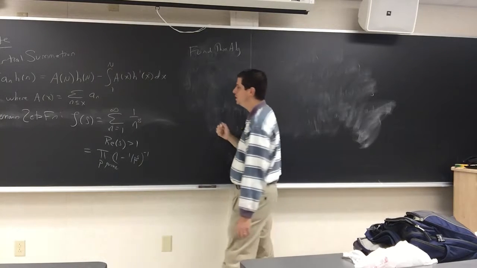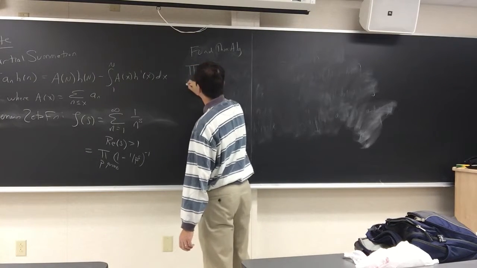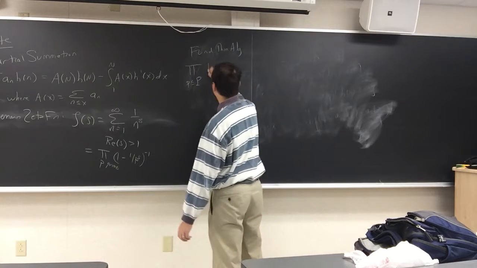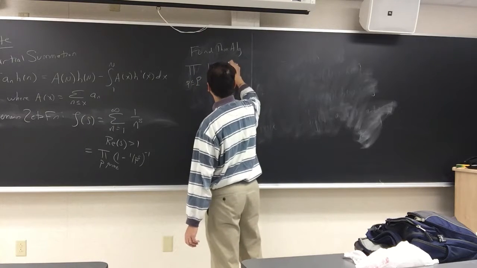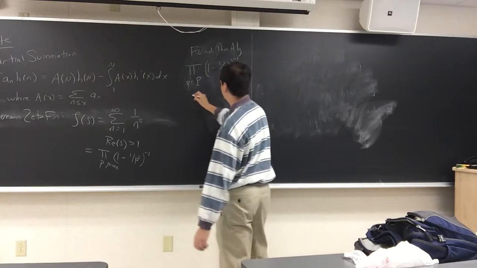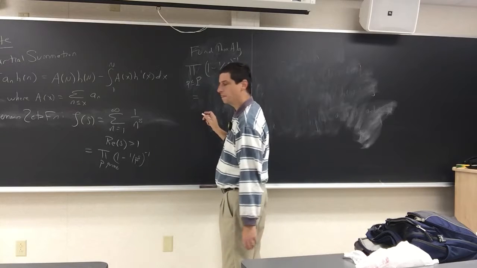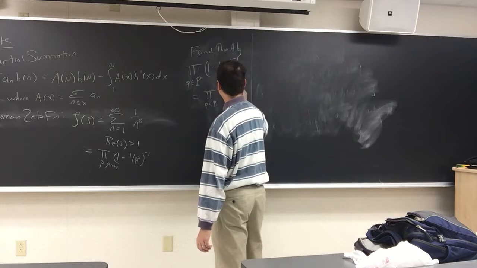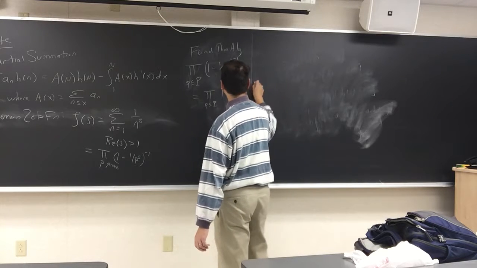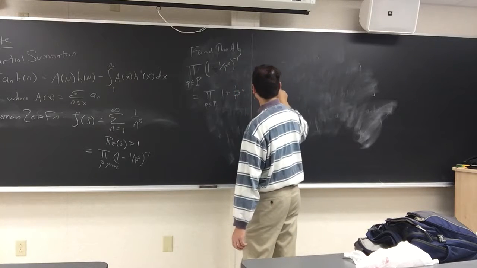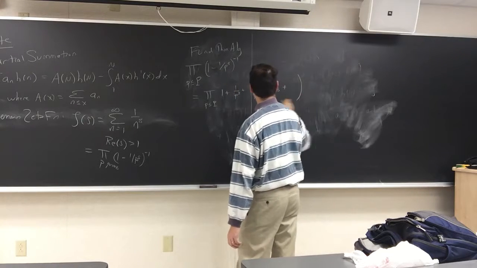And so what you can do is look at a product over all primes less than or equal to some big P of (1 minus 1 over p to the s) inverse. And then I'll expand this out, and I will have a product over all primes less than or equal to P of 1 plus 1 over p to the s plus 1 over p to the 2s plus 1 over p to the 3s plus dot dot dot.